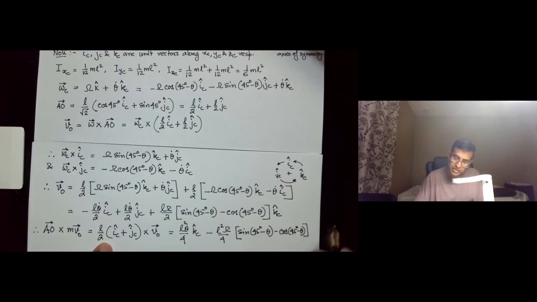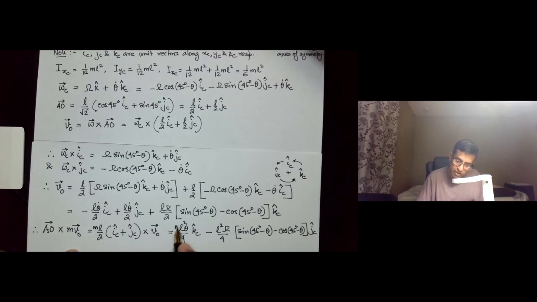We are doing I cross K, which gives us negative J, so that's why we have this negative term here. We should have an M here as well, right? So let's put the M here.